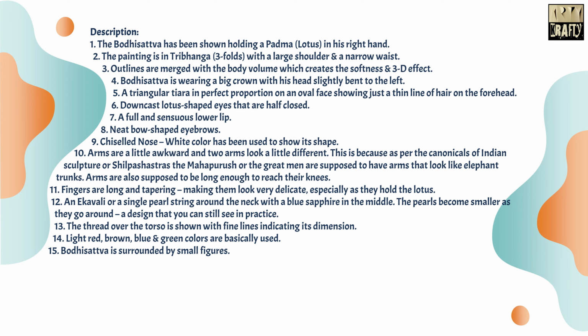An ekavali, or a single pearl string, around the neck with a blue sapphire in the middle. The pearls become smaller as they go around. The thread over the torso is shown with fine lines indicating its dimension. Light red, brown, blue and green colors are basically used.